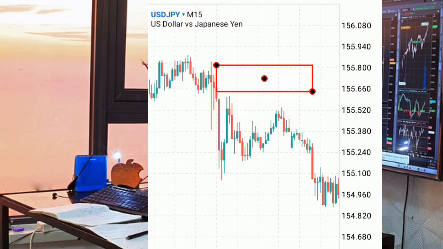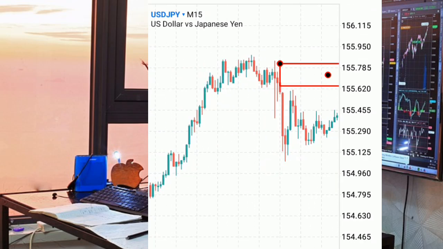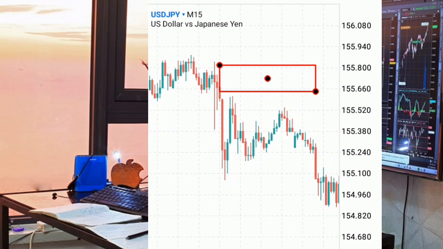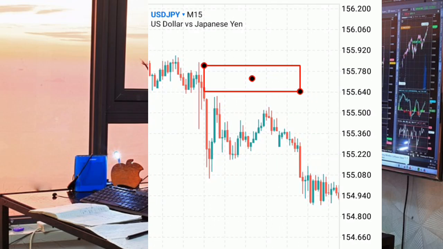So let me remove this one. Price now is coming down, so we've got bearish engulfing candles there. That's the reason why we marked using that rectangle. And then, placing my order block, I can see price came down, came to retest, came down, and came to retest for the second time.